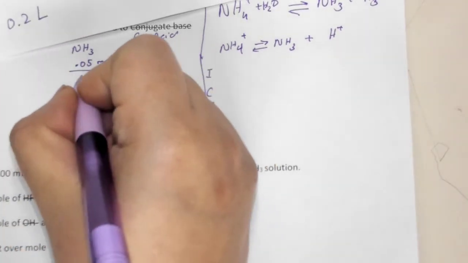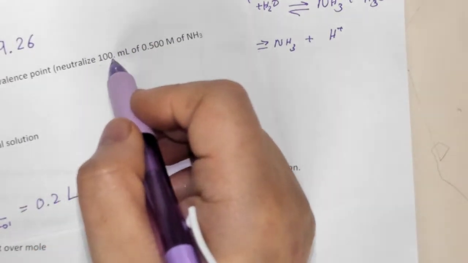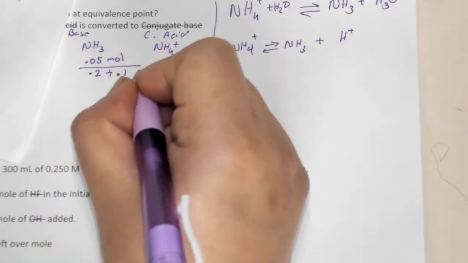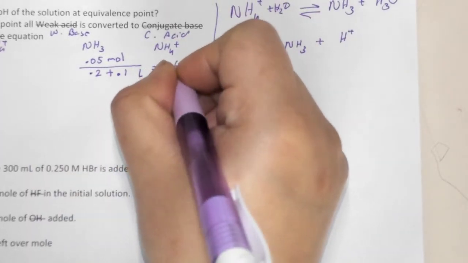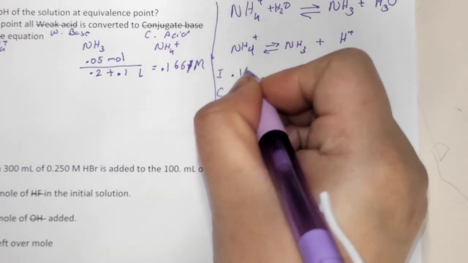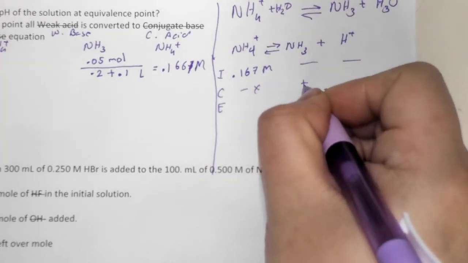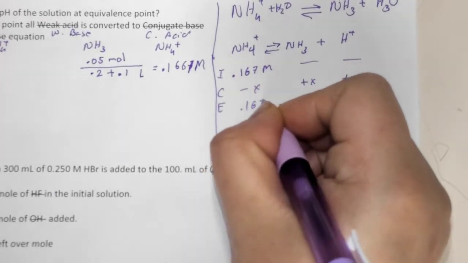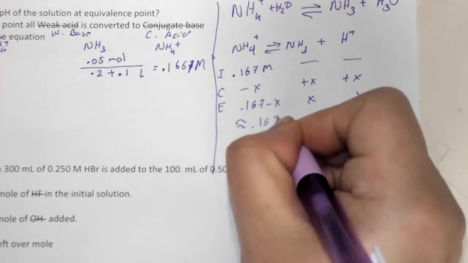The volume to use is 0.2 plus the volume that was initial, 100, so 0.1 liter. Okay, so 0.05 divided by 0.3, 0.1666, or just say 0.167 molarity. So I'm going to use 0.167 molarity, nothing, minus x, plus x, plus x, 0.167 minus x, again approximating 0.167.